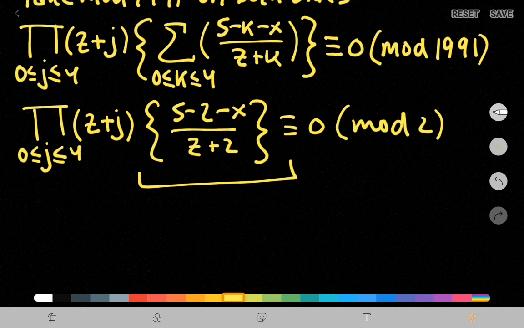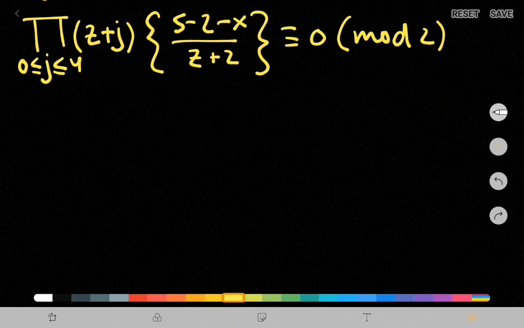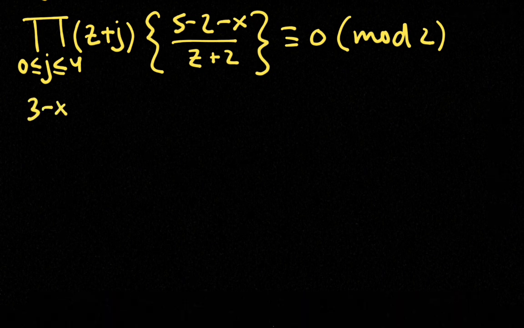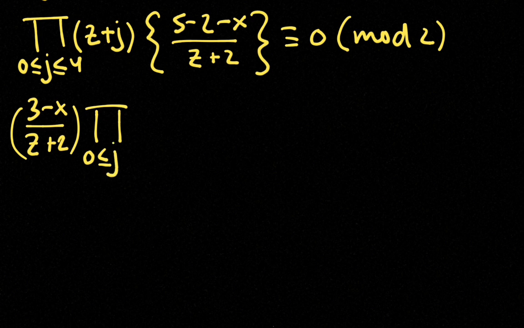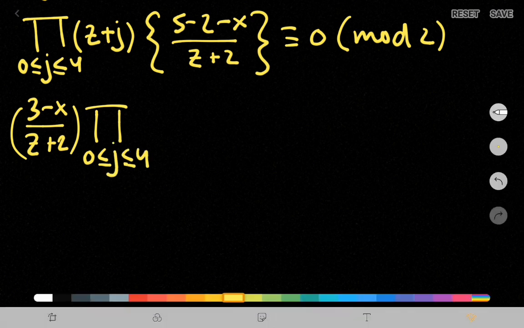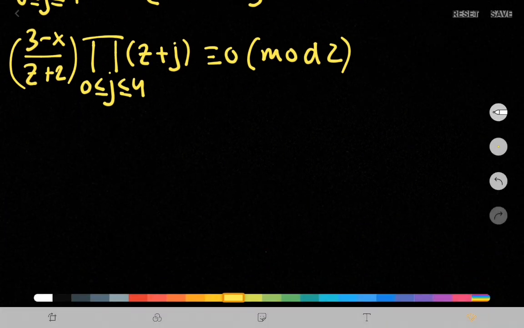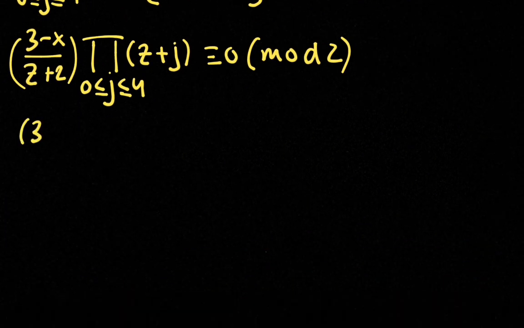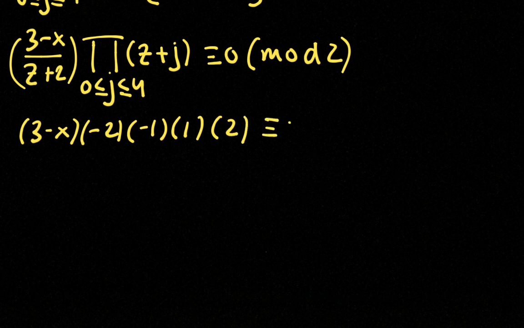Okay, let's simplify this. (3 − x)/(z + 2) times this product. This is the symbol of product. So (3 − x) times −2 times −1 times 1 times 2 is congruent to 0.